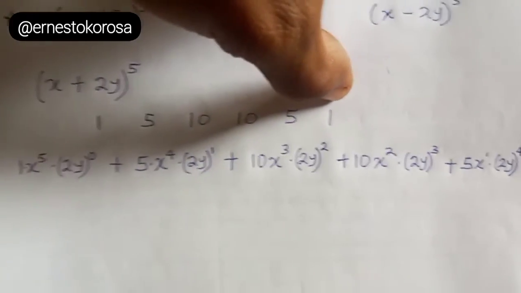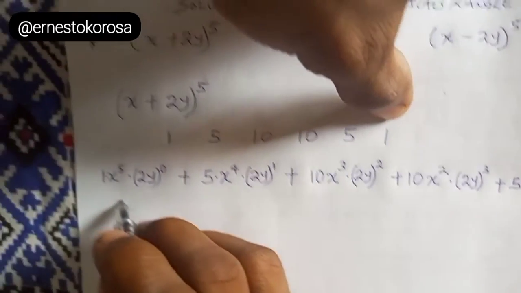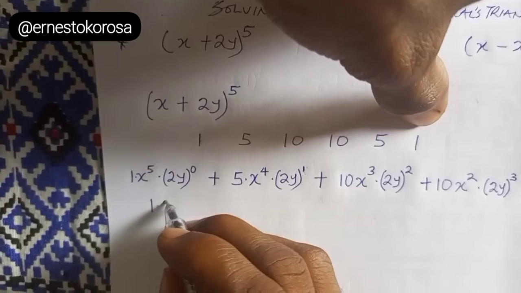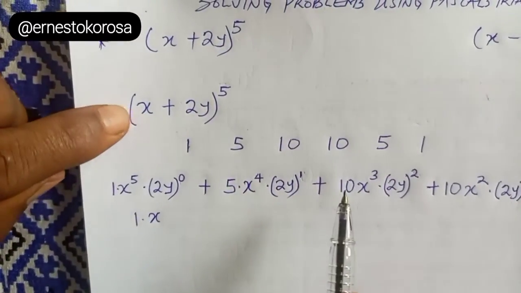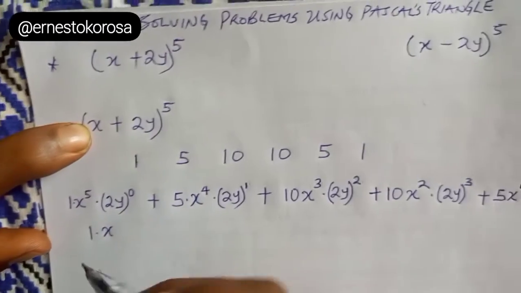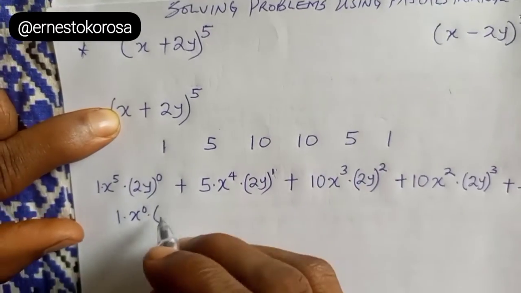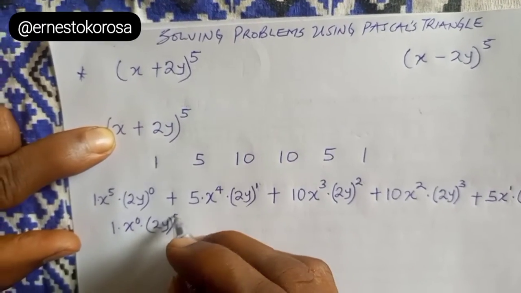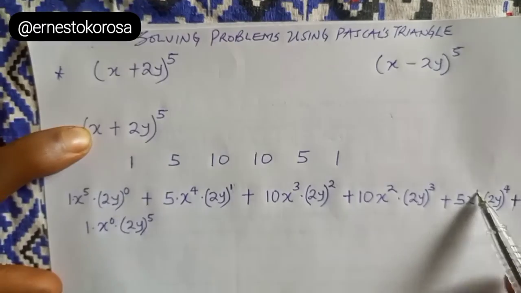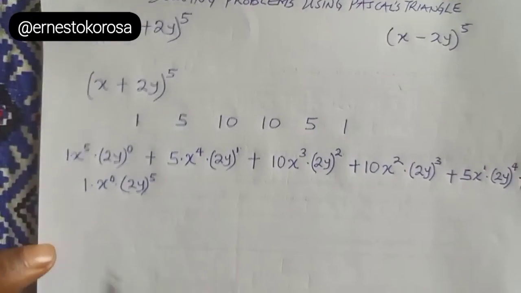So 1 times x raised to power 0 times 2y raised to power 5. From 4 it got to 5. So this is the expansion.